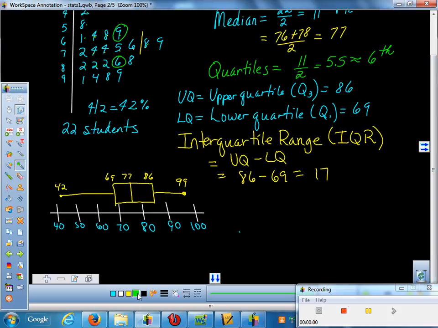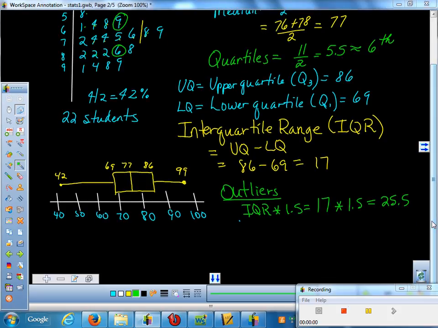So I would need to calculate my outliers by taking the interquartile range times 1.5. So 17 times 1.5 gives us 25.5. If we have any data that's more than 25.5 away from the edges of the box, it's an outlier.